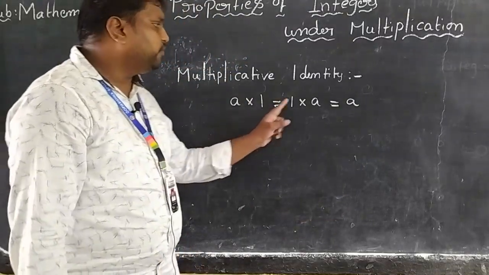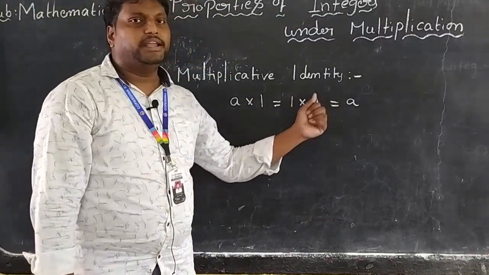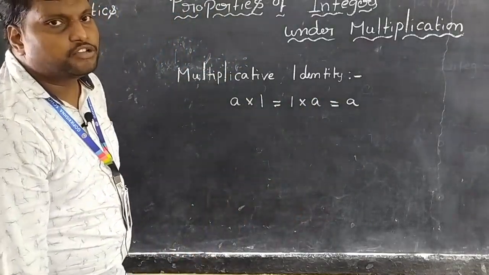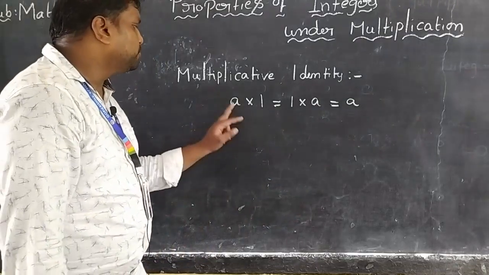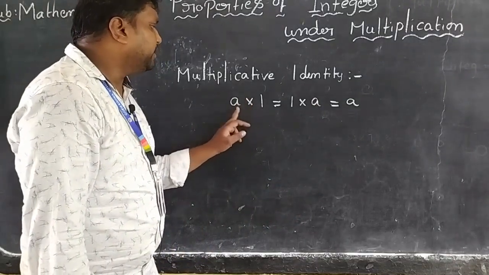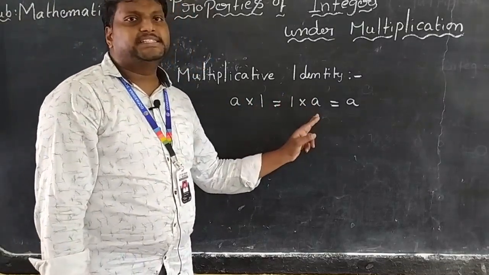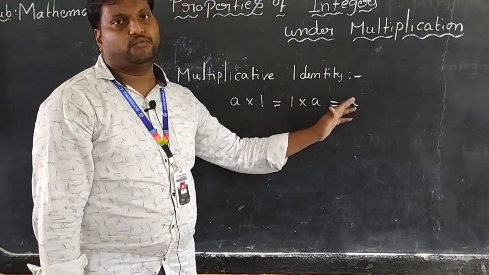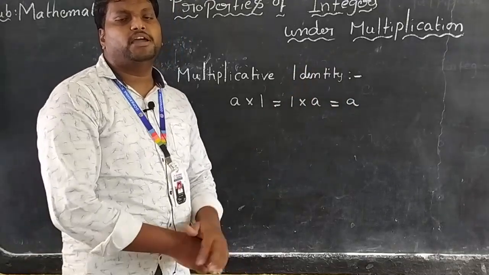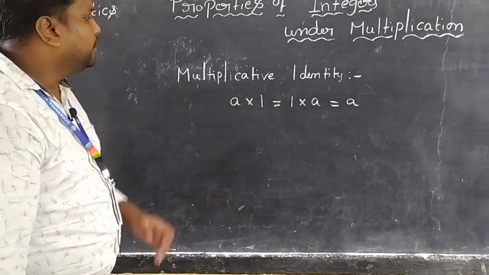This is the multiplicative identity of integers. It is applicable in whole numbers also. Any integer multiplied with 1, and 1 with any integer, we get the answer itself. Whichever number we take, that number only we get.